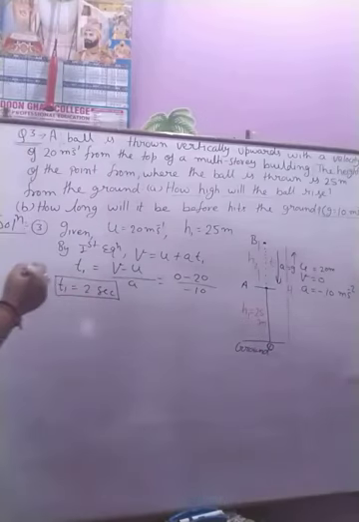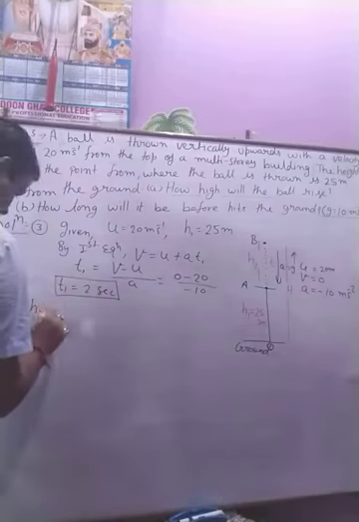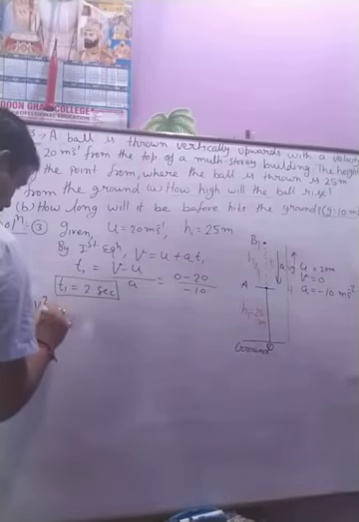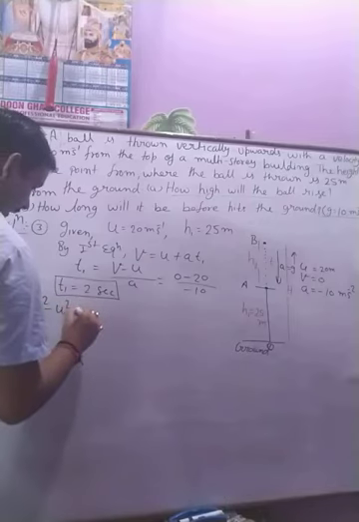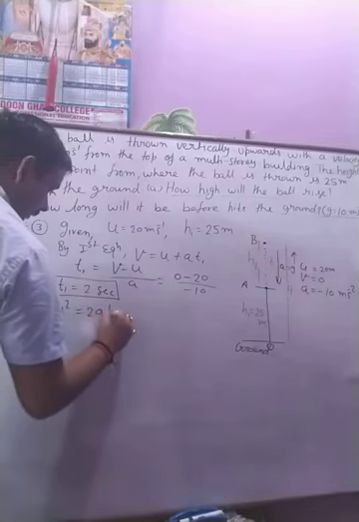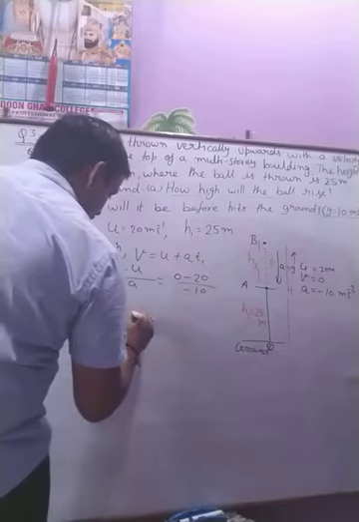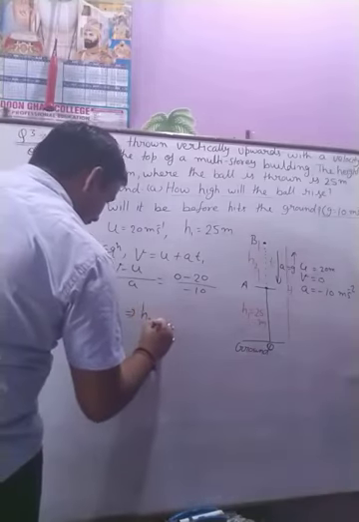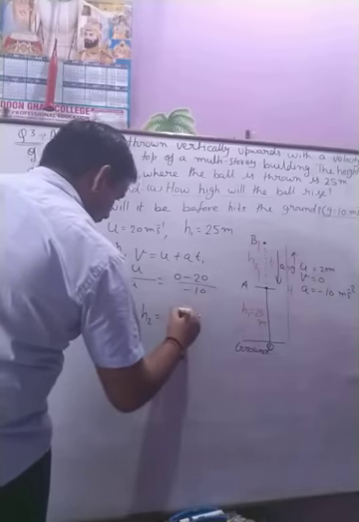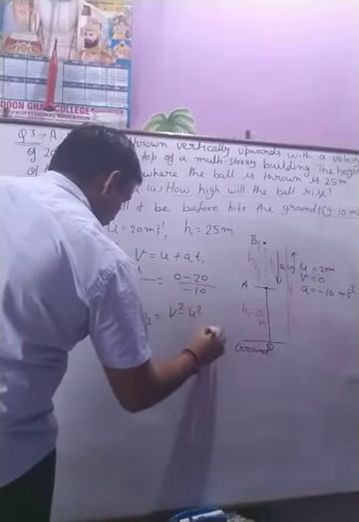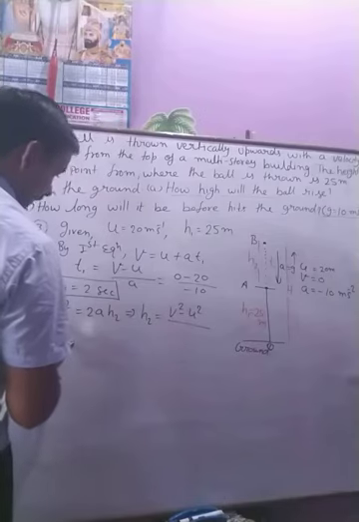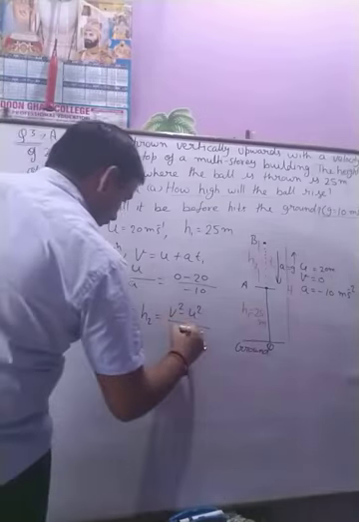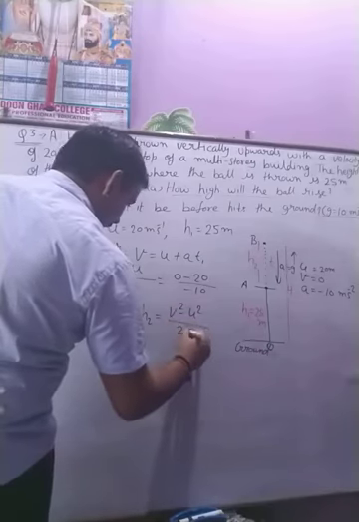Second, height h2. ओके, h2 के लिए हम यूज करेंगे स्टूडेंट v square minus u square equal to 2a h2. Therefore h2 is v square minus u square upon 2a.